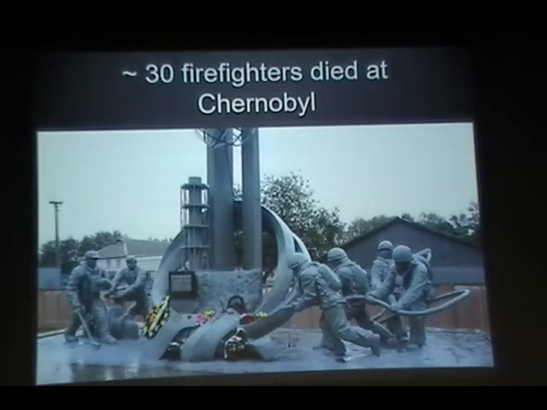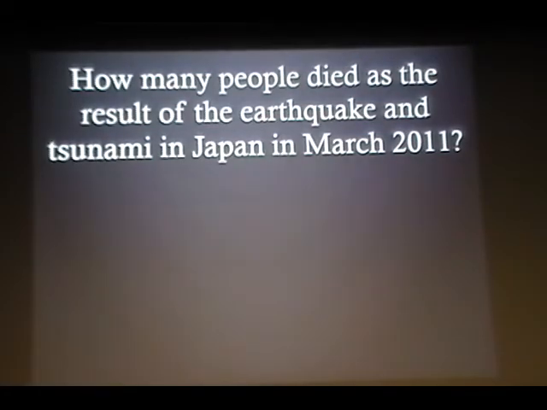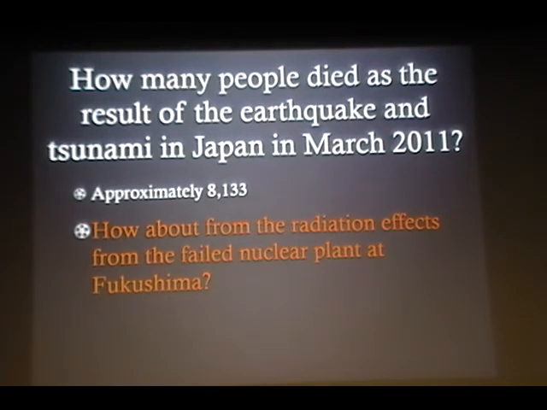Guys, you must be knowing about this. 30 people died in Chernobyl, right? So how many people died as a result of the earthquake and tsunami in Japan? Very recently. 8,000. How many died from the radiation?